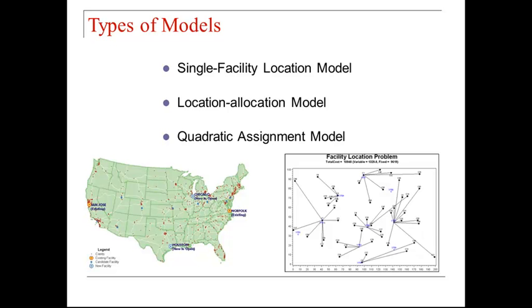Based on those locations, you decide, okay, I need to put my next facility here, or in this area. So again, this lecture we're going to focus only on the single facility location model.